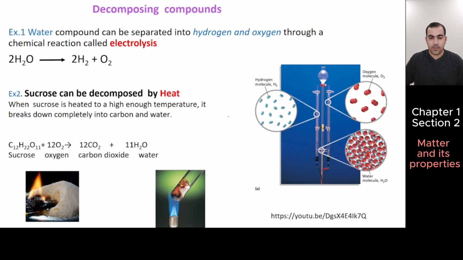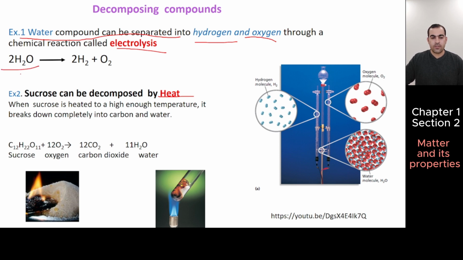Decomposing compounds, guys. Compounds can be separated, but elements cannot. We're going to talk about two chemical methods, electrolysis and heat, to decompose compounds. For example, water can be separated into hydrogen and oxygen through a chemical reaction called electrolysis.